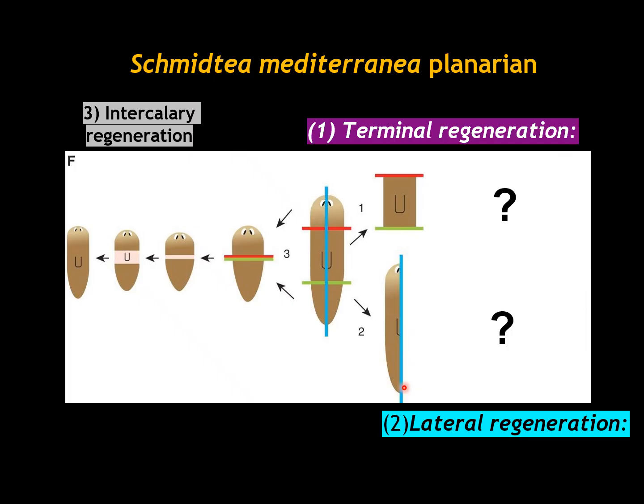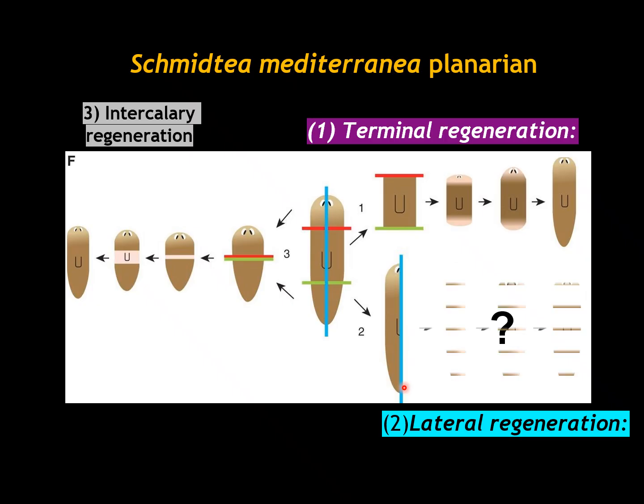In some species, you will observe that they develop and regrow the part that they miss. In some species, they can also regrow the head and the tail, and in other ones they can regrow the left or the right part, and it's pretty amazing. If you have done those experiments, I think it's pretty cool to see it.